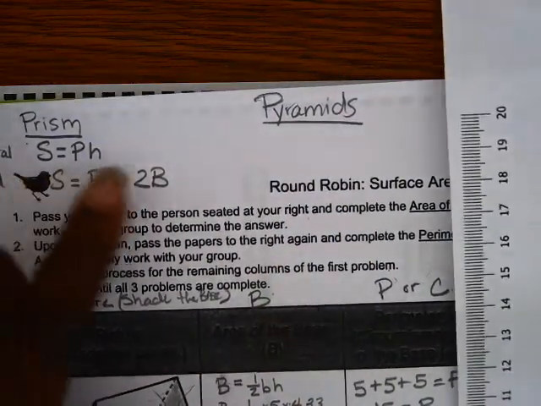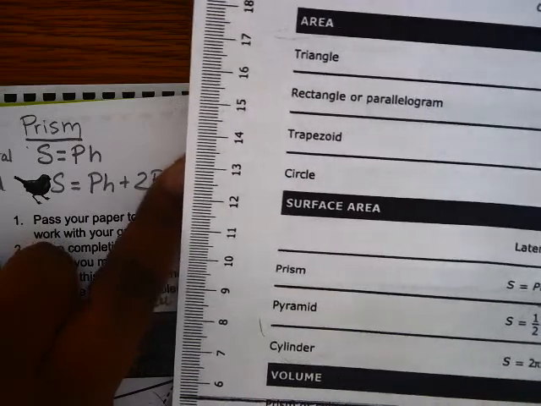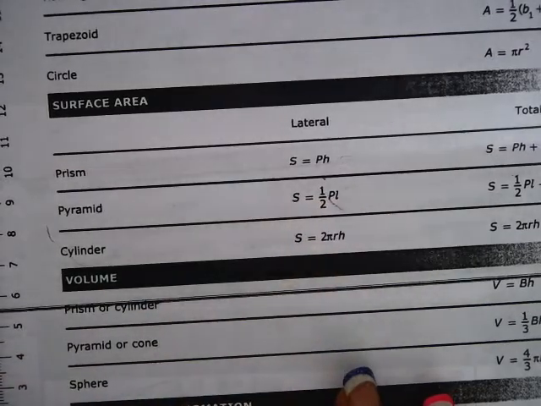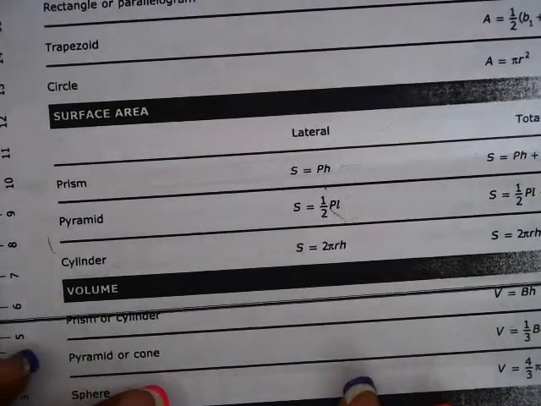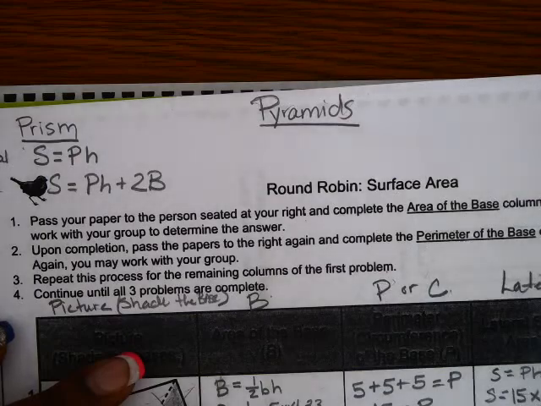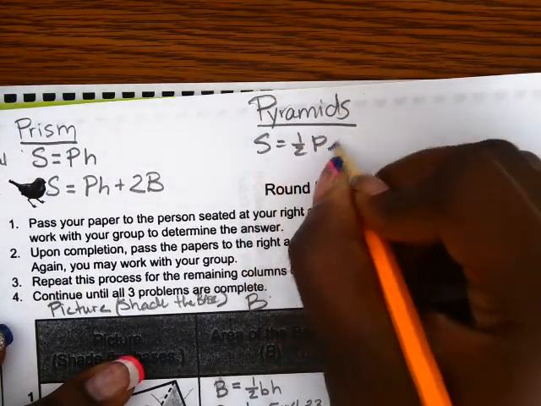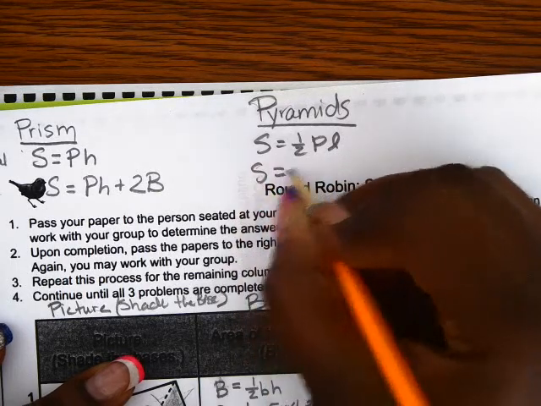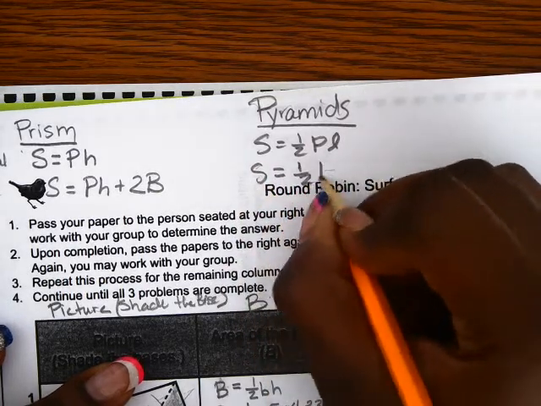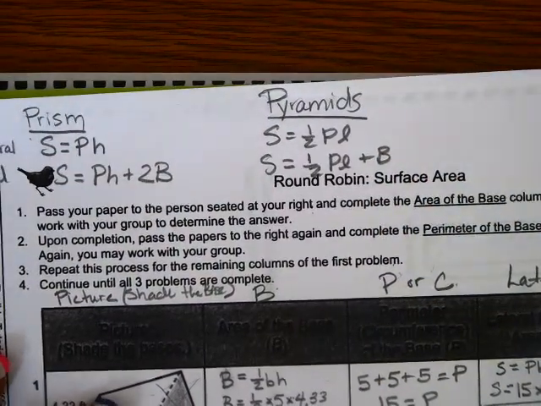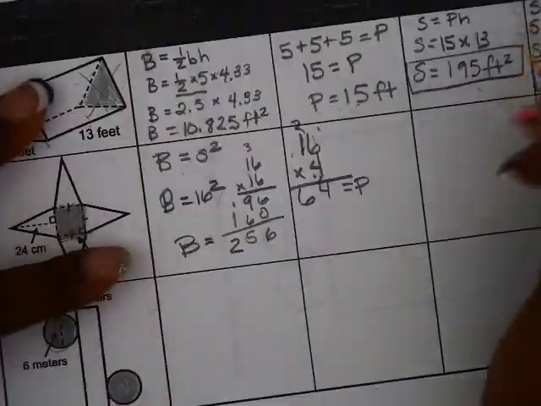The lateral surface area for pyramids equals half the perimeter times the slant height, so S equals 1/2 PL, and then the total surface area is 1/2 PL plus the base. So let's work that out.